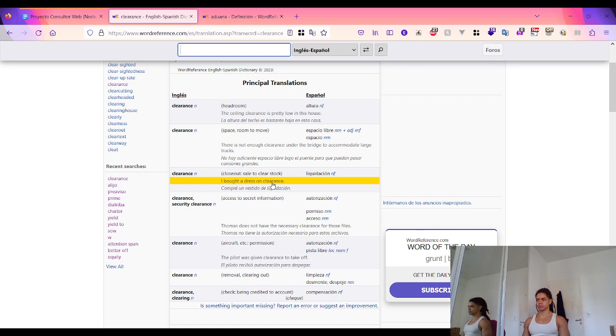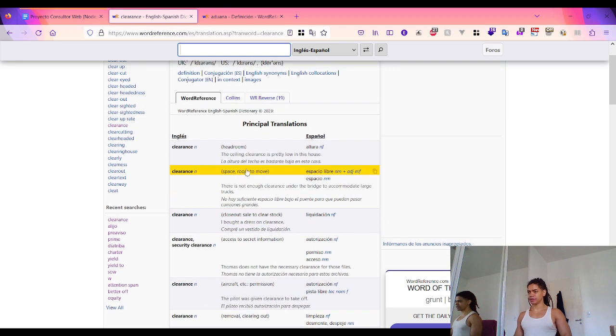Very freaking interesting. By the way, clearance, clearance.